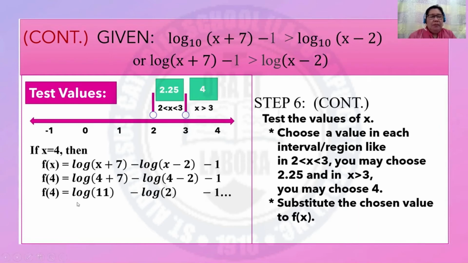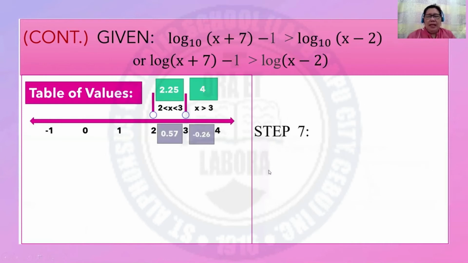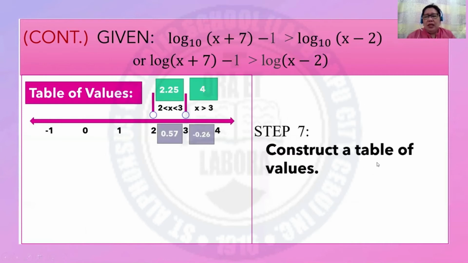And then you can take the log of 11 minus the log of 2 minus 1, and the answer is f of 4 is equal to negative 0.25963733105. And round this off to negative 0.26.